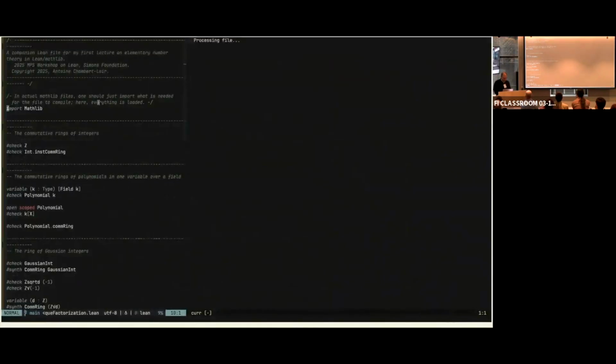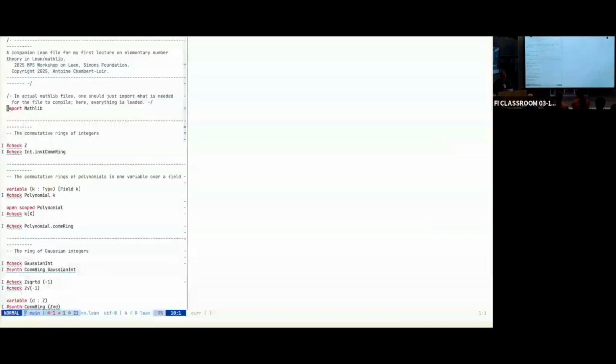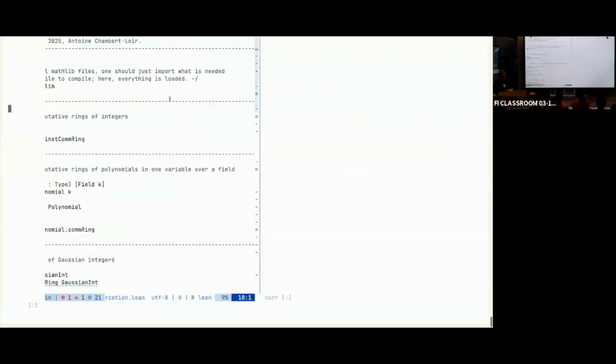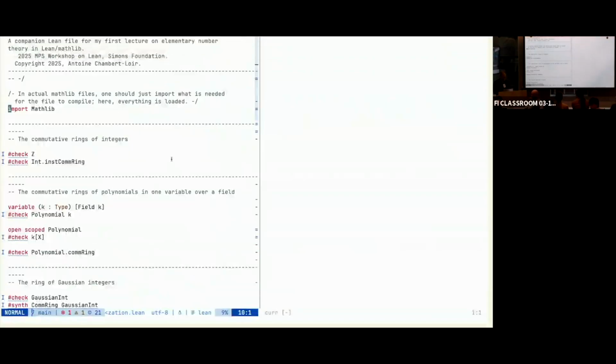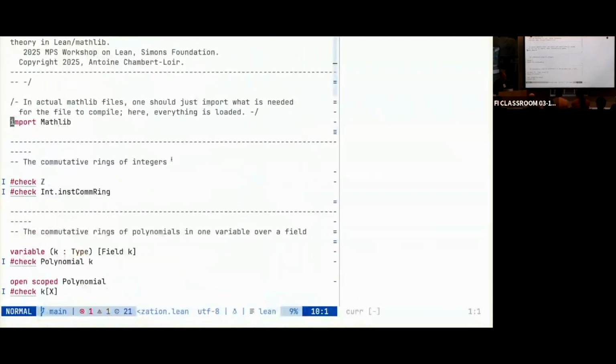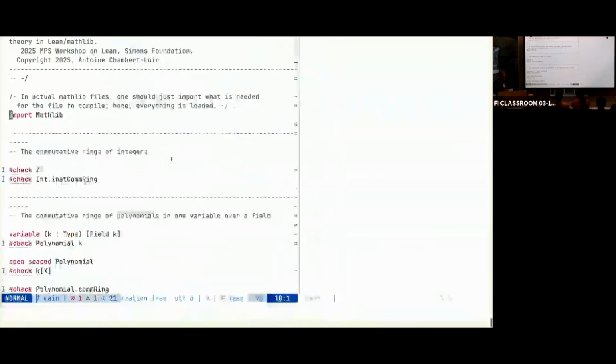So probably I will zoom in. Is it better? Perhaps one step larger. Does it really go larger? Yes, it does. That's perfect. That's good.